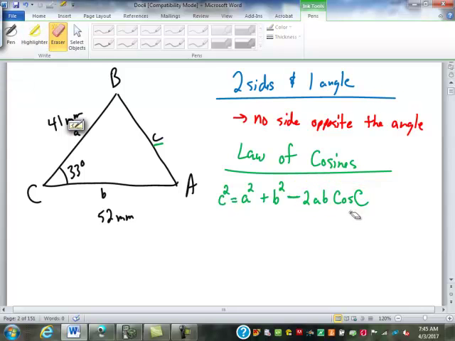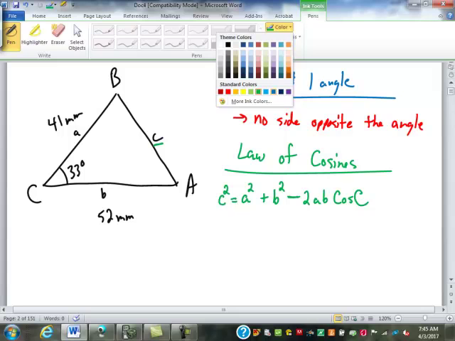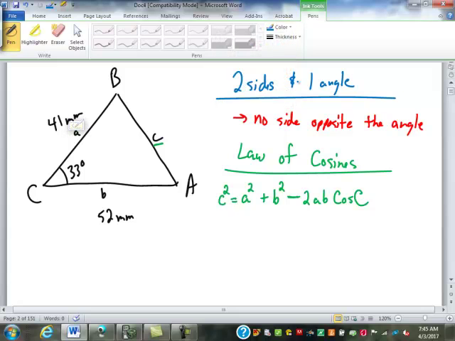If C is a right angle, we're not worried about that other term; we're just going to use a squared plus b squared equals c squared, because the cosine of C is 0, and anything multiplied by 0 would be 0, of whatever angle you have. Since this C is not 90 degrees, we have to have this adjustment factor here.